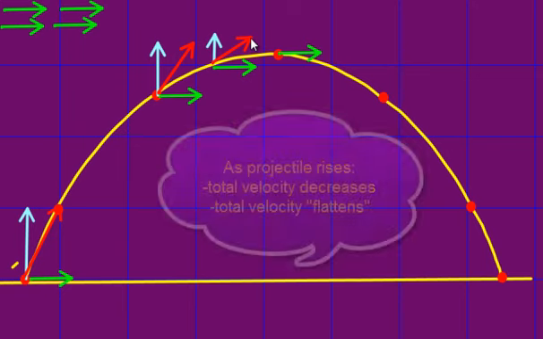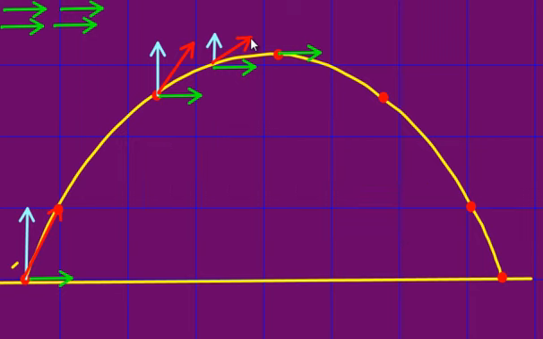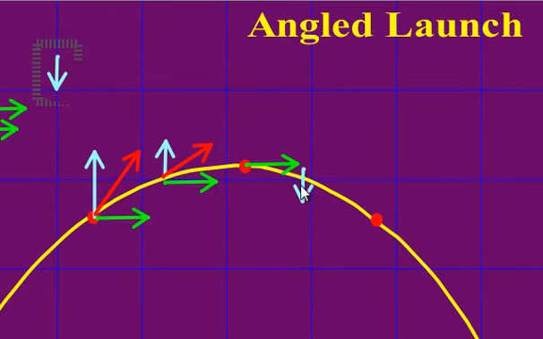It went from steep to flatter, and then at the apex, it's actually momentarily 0 degrees, totally to the right. And now let's watch what happens as the baseball starts to fall. You're going to see here that there's a nice symmetry to the motion. In other words, things behave on the way down exactly as they do on the way up, just with the direction inverted.